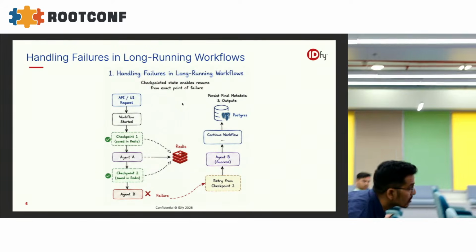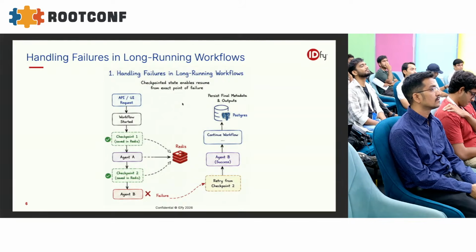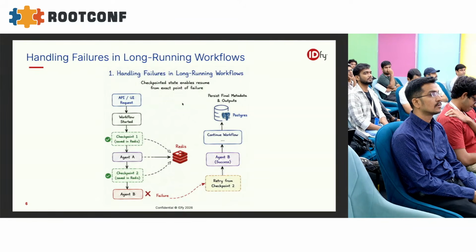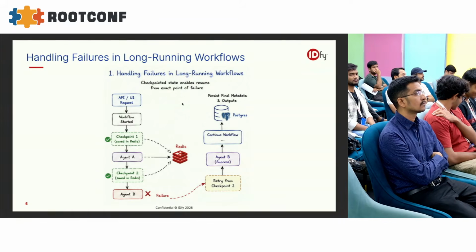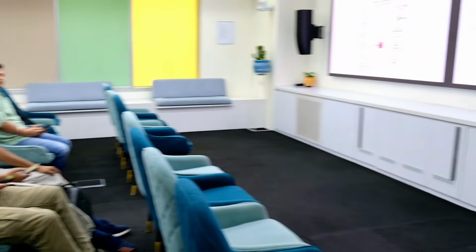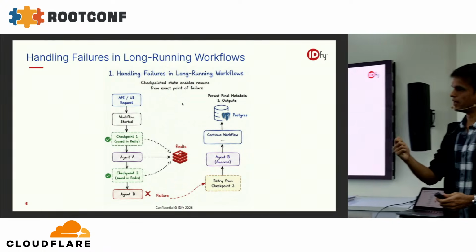Yeah. So some of the things that we had to handle as part of platform engineering. One is that all of these workflows, since there are multiple agents working together, are usually long running, right? Now in this case, what happens when any touch point in my workflow fails? So what we do is, at each touch point after the successful or failed execution of each agent, we store the state in Redis.